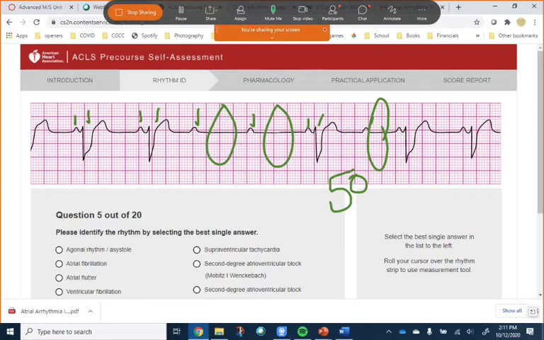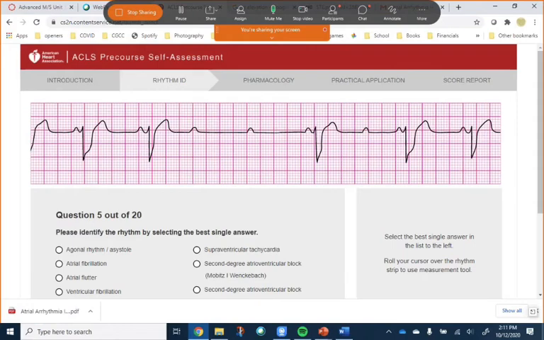So I'm starting to think that we're not a type 1 because type 1s don't have any drop beats. We are not a type 3 because a third degree. So first degree and third degree don't have any dropped QRSs. So we're not a first, we're not a third. So we're going to get rid of all these, and I need to take a look now at my PR interval.